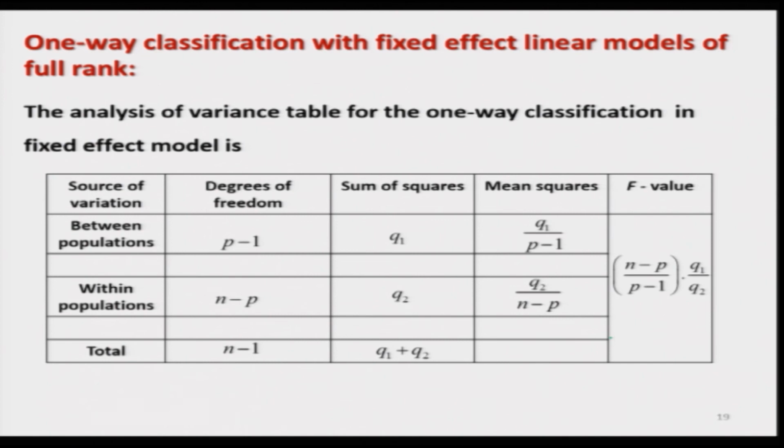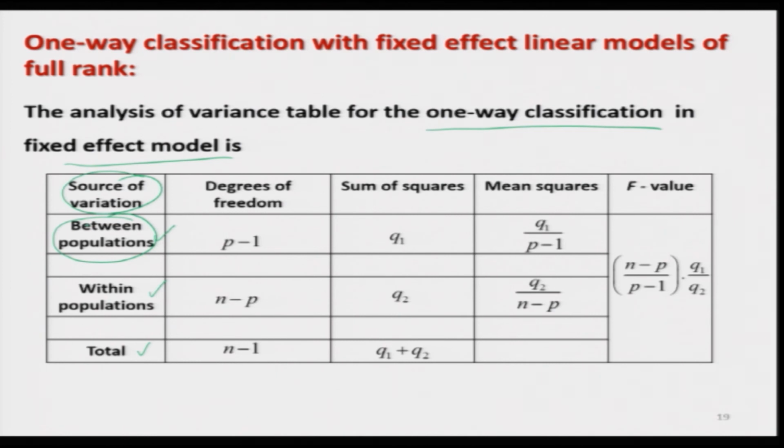In this case, where we are considering the one way analysis of variance model, which is a fixed effect model, we have these factors: the source of variation is between population, within populations, and there is going to be a total. Now, you have to understand one thing: when we write down the source of variation, you will see at different places it has a different name.